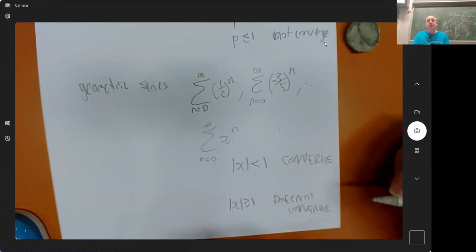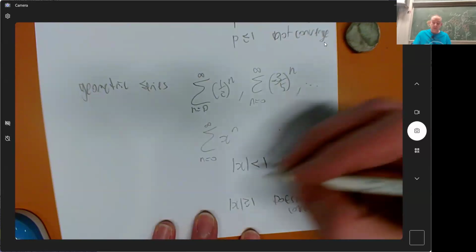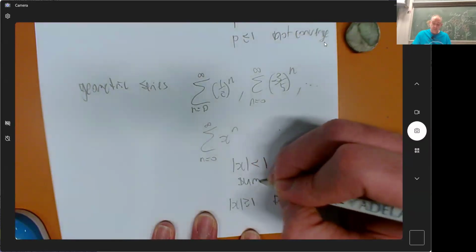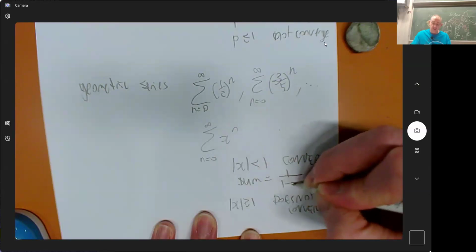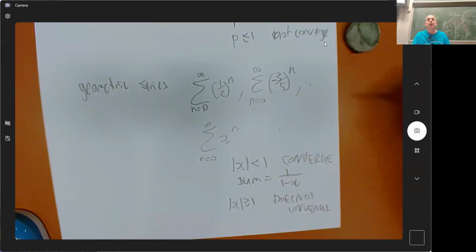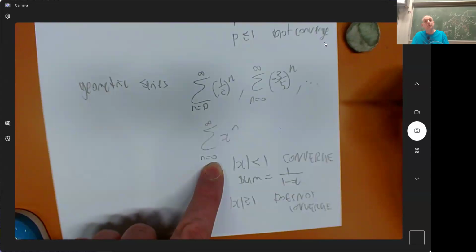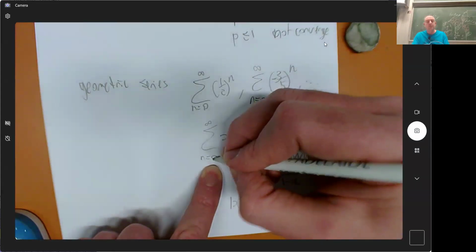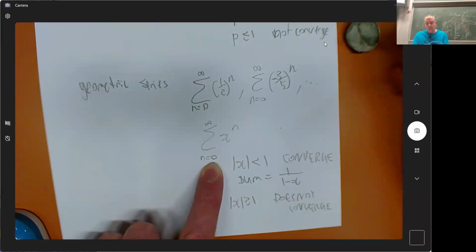But I will say this is one of the only series that we know what the actual sum is. The actual sum is equal to 1 over 1 minus x, but only if you start at 0. Then it will come out to this answer.